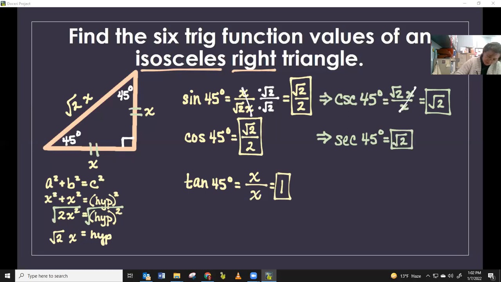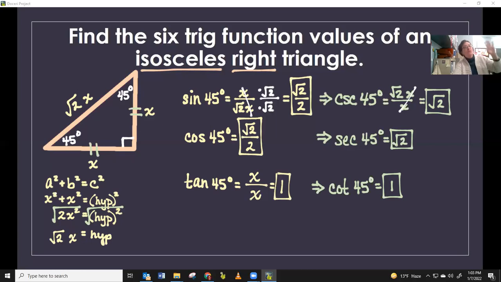And what is the reciprocal trig function of tangent? Cotangent. What would the cotangent of 45 degrees be? 1. Absolutely. Reciprocal of 1 is 1. Perfect. Remember, in any of our reciprocal pairs, there's only one co. So sine has to go with cosecant, cosine has to go with secant, and then tangent and cotangent go together.